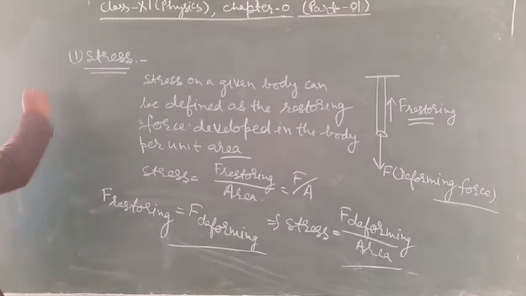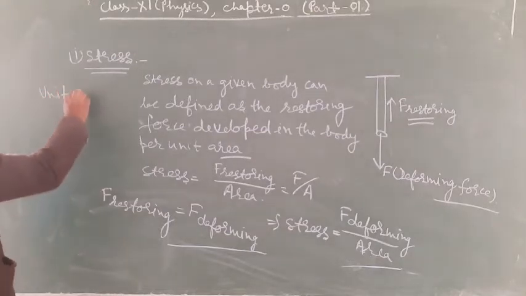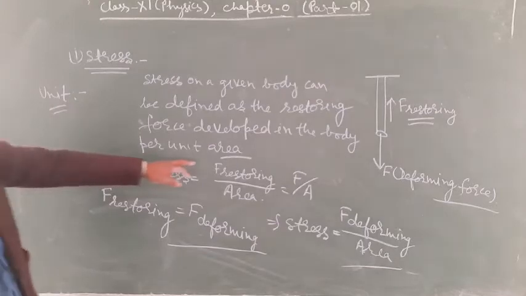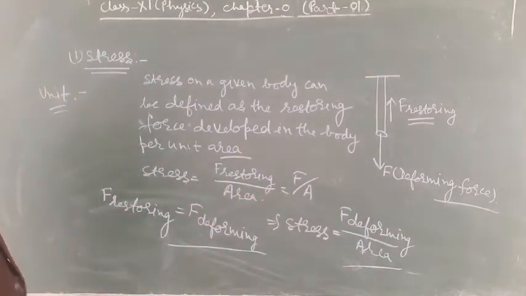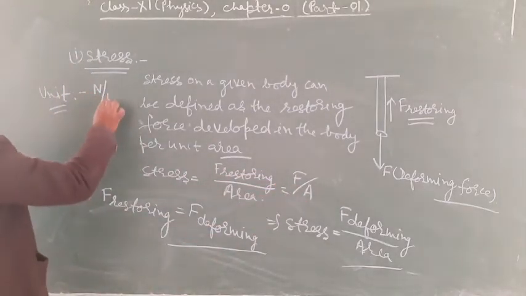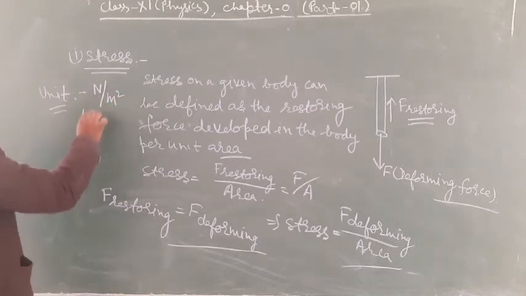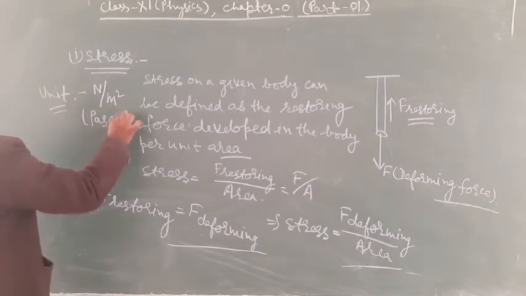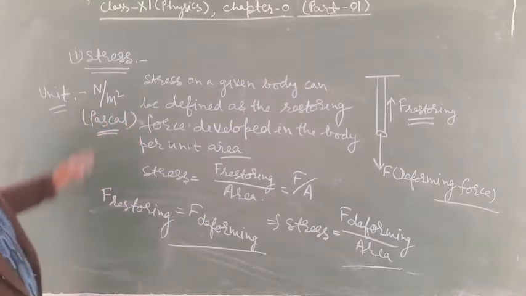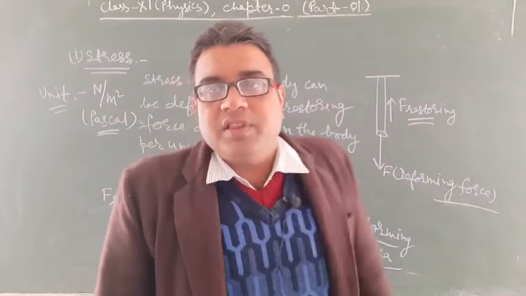Now what about the unit of stress? Since it is force upon area, the unit of stress can be written as Newton per meter square, or you can say Pascal. But it cannot be confused with pressure.